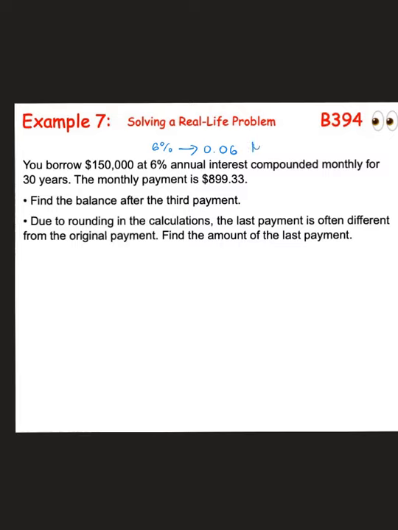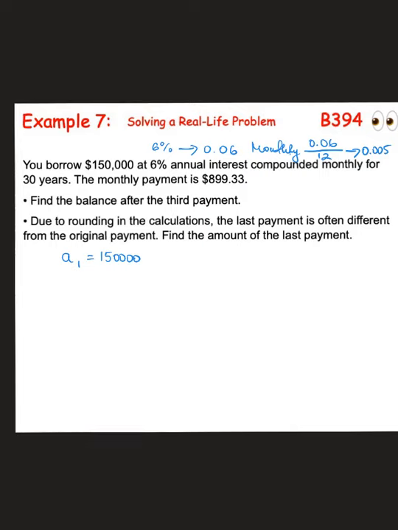And so for the monthly rate, we are going to do 0.06 divided by 12. So we are going to get an answer of 0.005.